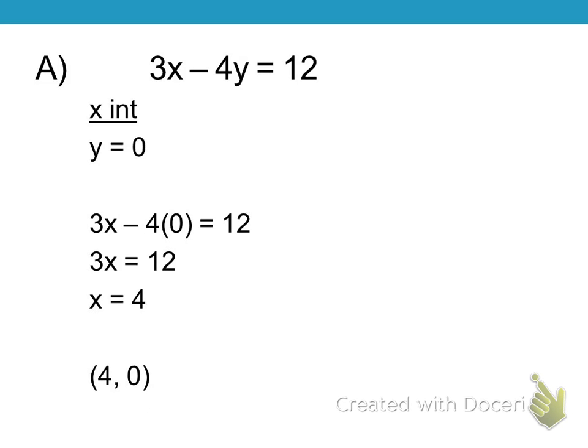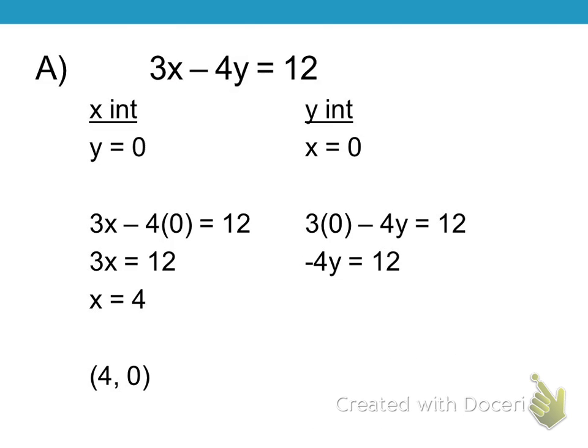So I have the ordered pair 4, 0. How do I find the y-intercept? Make the x 0. So this guy's going to go away. That gives us -4y equals 12. So y equals -3. Here is my second ordered pair, 0, -3.